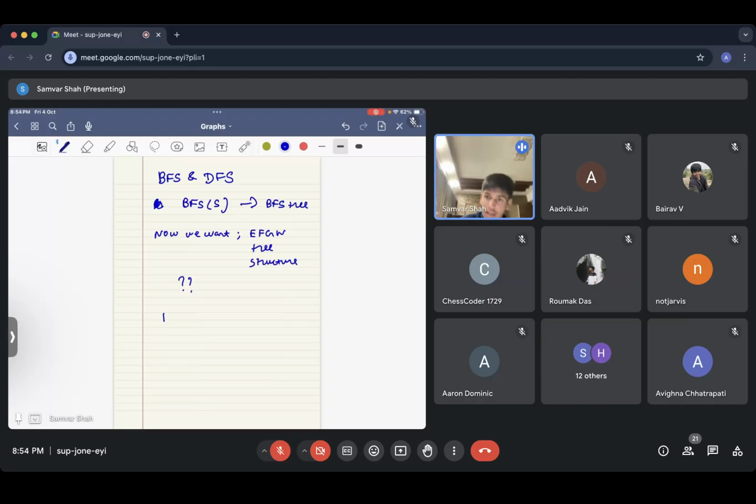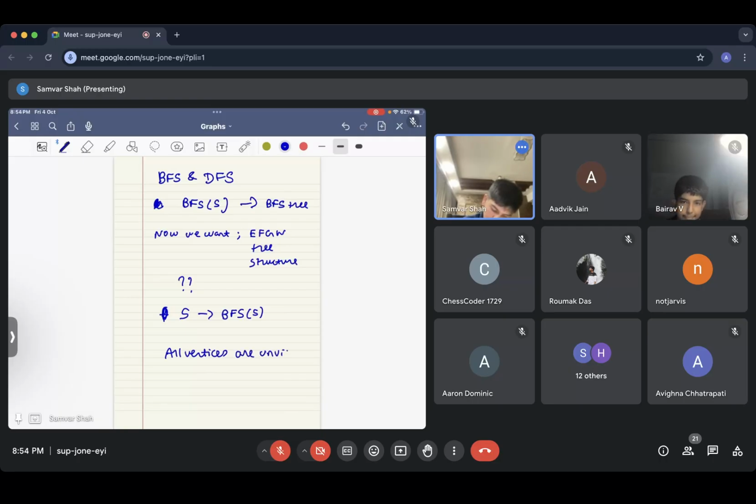As Advik rightly said, you go through every possible node, but in a smart way. Let's start from the beginning, from S, and do BFS on S. At the beginning, nothing is visited. All vertices are unvisited. So we do BFS on S, and a certain number of vertices will be visited in this process.